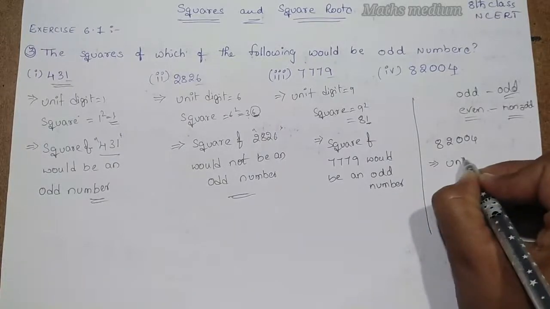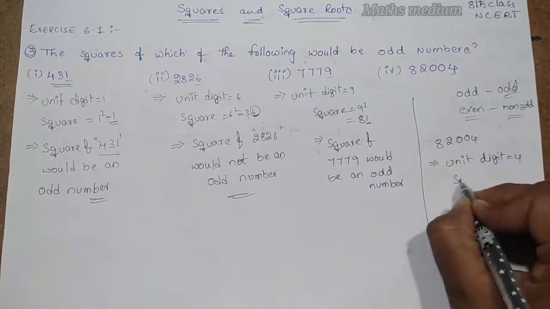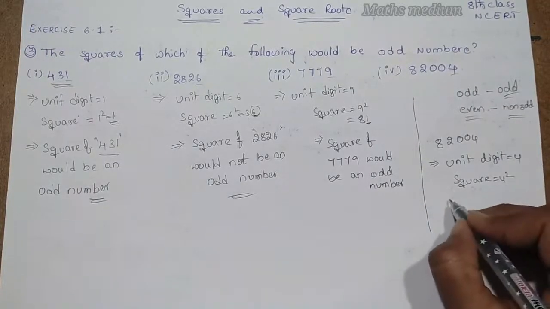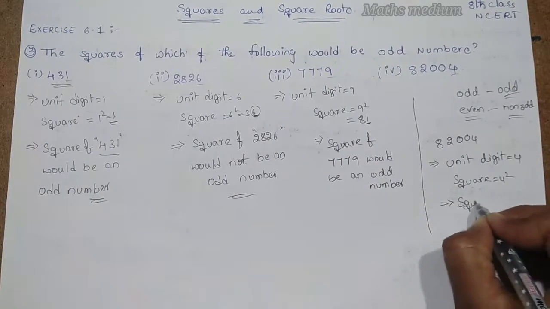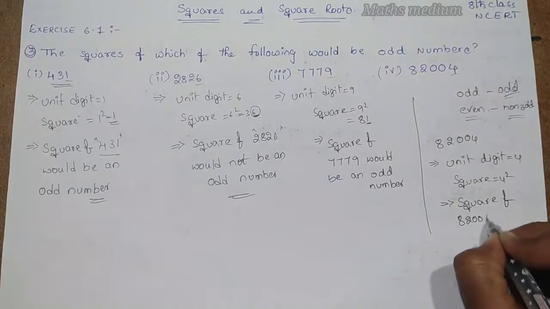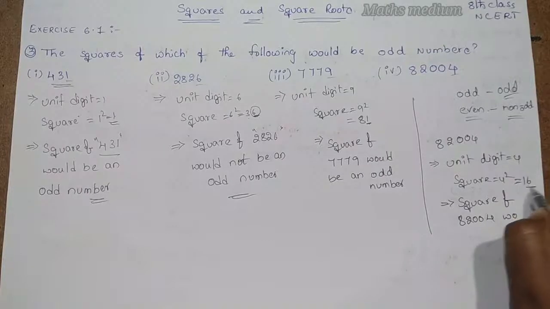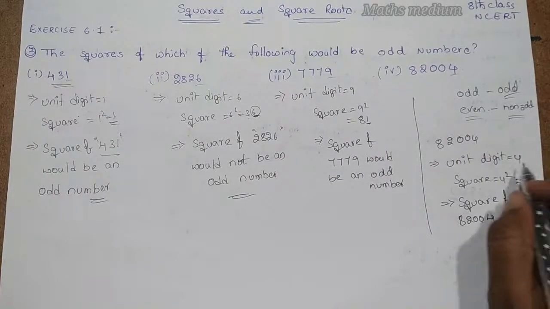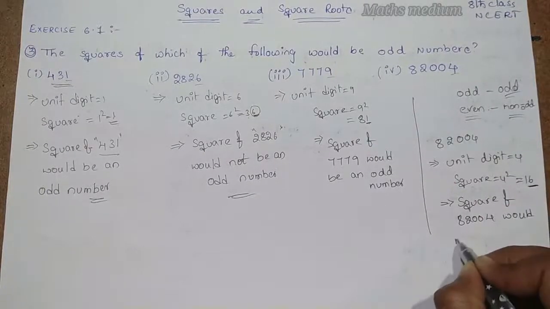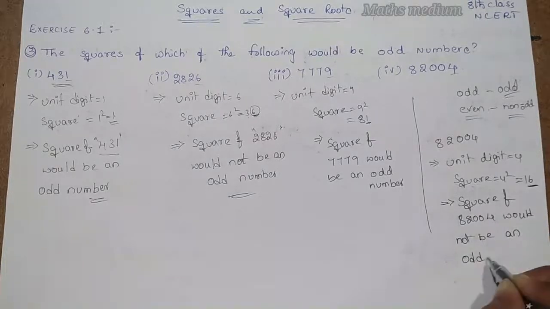So unit digit is equal to 4, 4 square. Square of 82,004 would not be. It means 4 square is equal to 16. In this place we have 6. It will not be an odd number. So would not be an odd number.